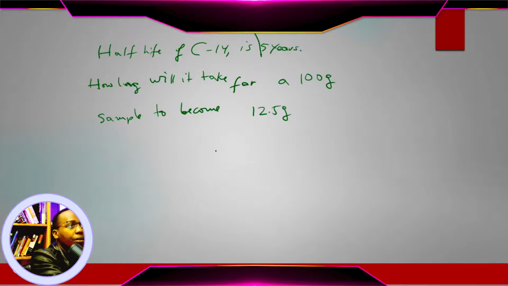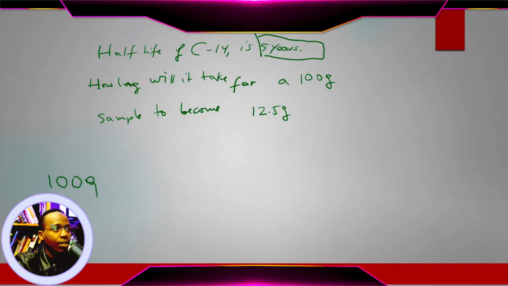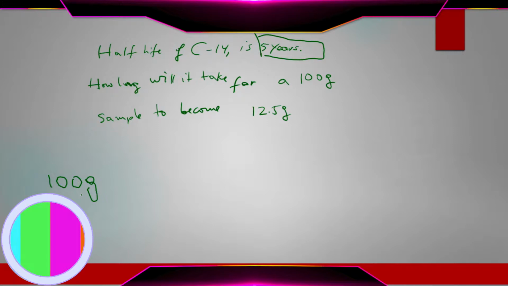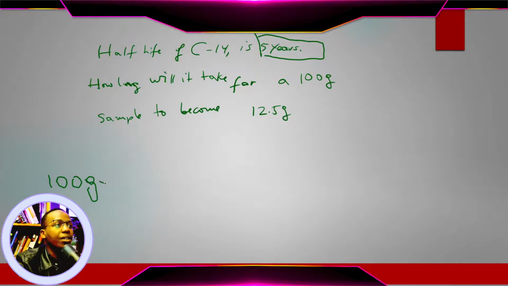Okay, so if the half-life is 5 years, that means that we're going to start with 100 grams, right? Start with 100 grams. That's okay. Now, in 5 years, how much are we going to have? In 5 years, you're going to have half of that. That's how the half-life works.